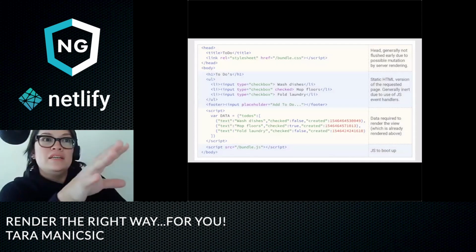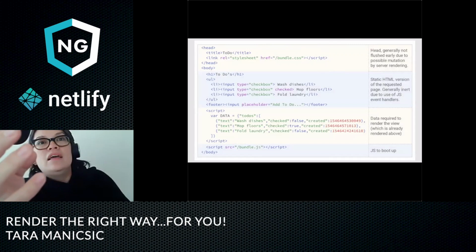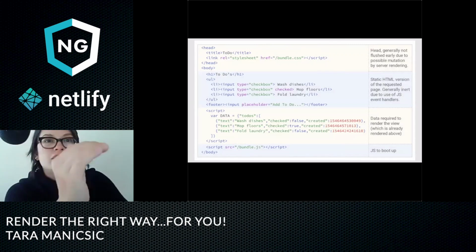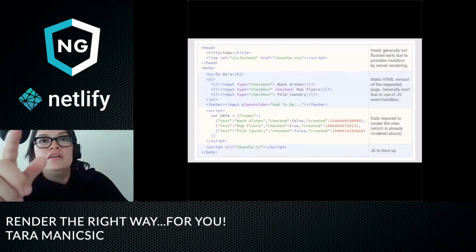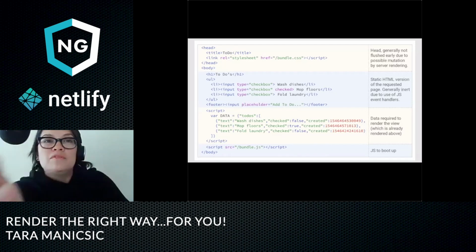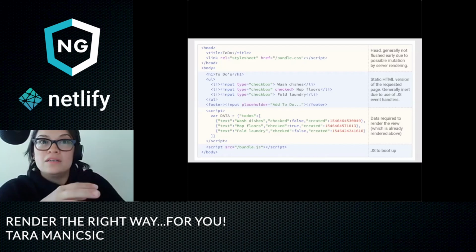So this is basically what it looks like. You have that top part, which is the head, and that's going to come through, and then you're going to have that static HTML version of the requested page, coming through from the server rendering it, but it's generally inert because of the JavaScript handlers.